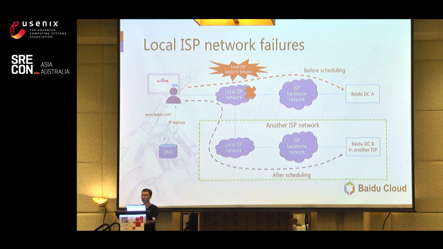Therefore, we can replace the data center IP resolved for Beijing Unicom users with the IP of Baidu's data center of China Mobile or China Telecom.